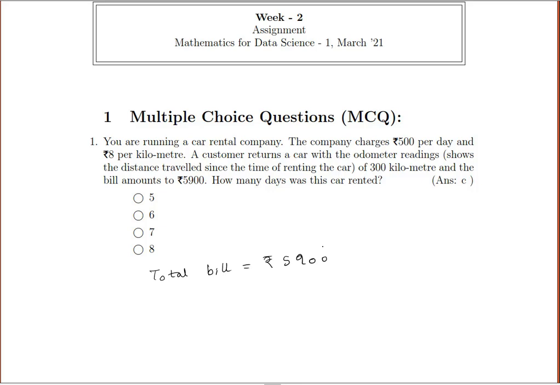So in this question, we'll try to put these numbers in the perspective of an equation of a straight line. We can see that there is a fixed charge which the company charges, that is rupees 500 per day. So let x be the number of days a car was rented.